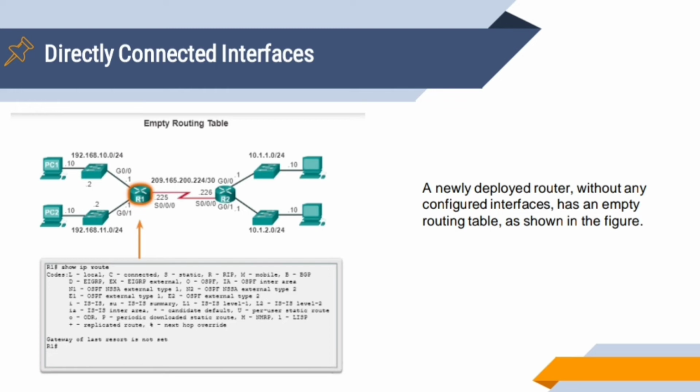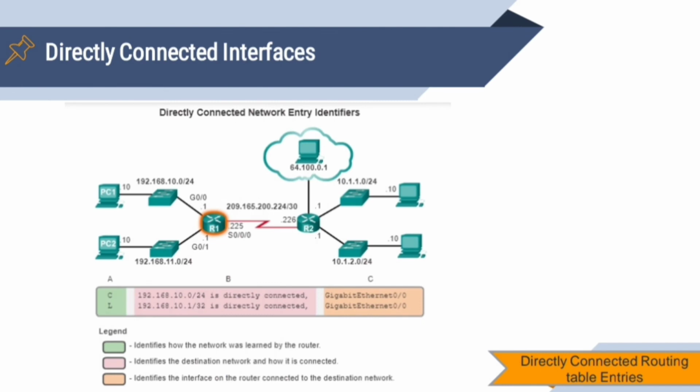When the interface is up, the network of the interface is added to the routing table as a directly connected network. In connection with directly connected interfaces, an active, properly configured, directly connected interface actually creates two routing table entries.